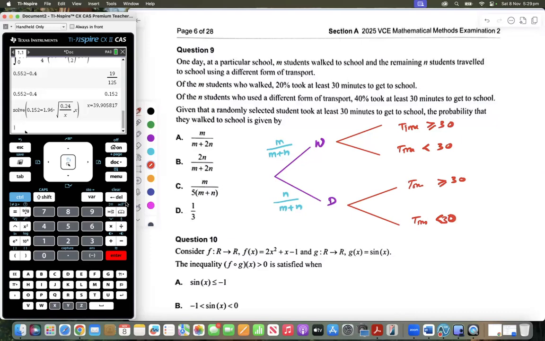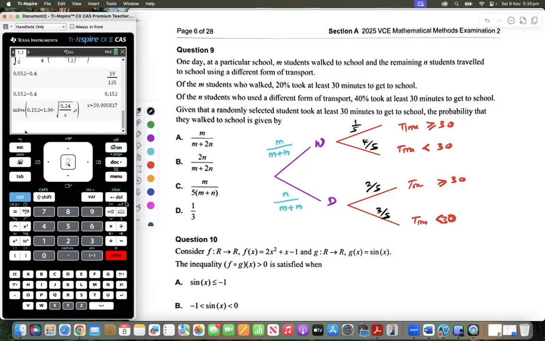M students walk to school 20%. So this one is the fraction here, right? I will use fractions as well. 0.2 is 1 on 5, so the other has to be 4 on 5. The second one is 40%, which is 2 on 5, so there has to be 3 on 5, right?